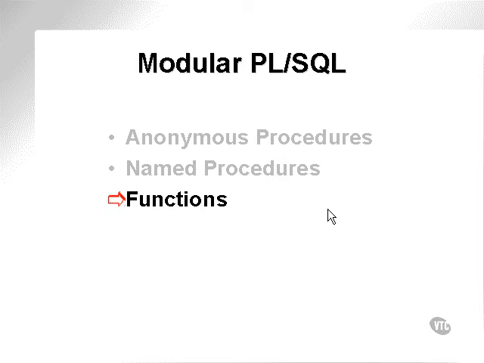Another block type piece of modular code in PL/SQL is a function. This is very simple, really. A named procedure is a procedure, a function is a function. Now, if you know anything about programming at all, you know exactly what the difference between these two are.